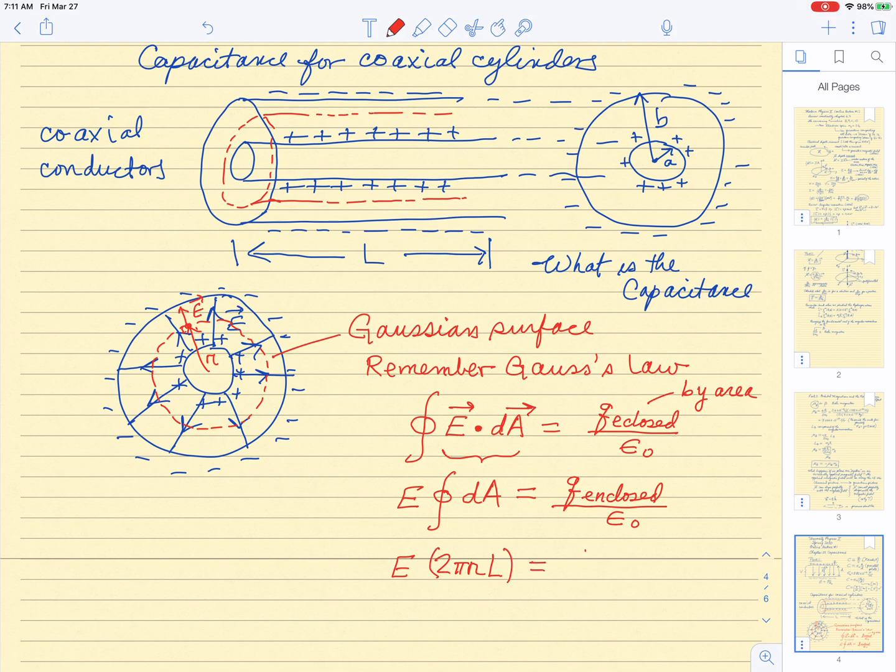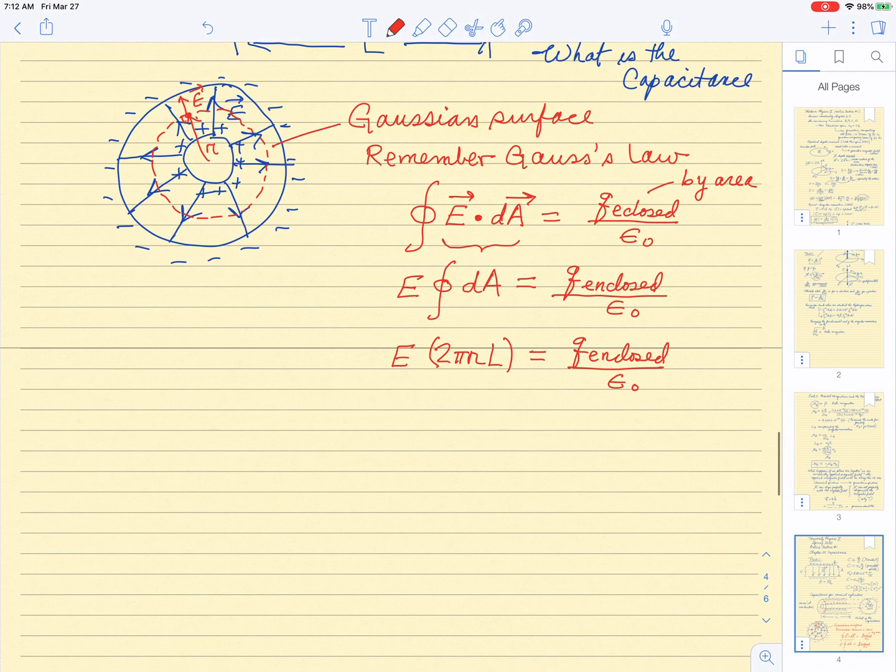Okay, and that's going to be then Q enclosed divided by epsilon naught. So then in general, Q enclosed is going to be epsilon naught times E times 2 pi r times L. And again, let me get rid of this and make that a little bit cleaner.